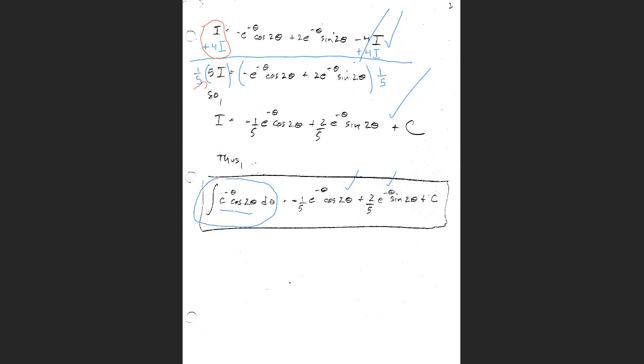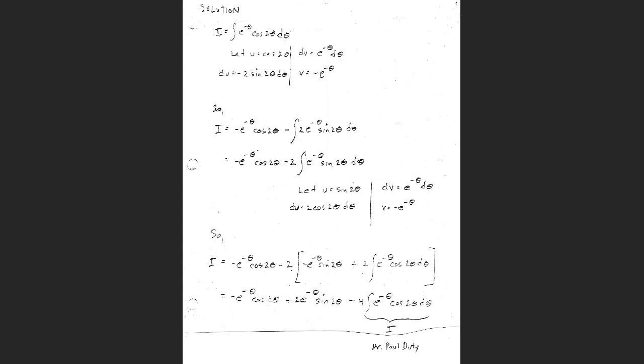In other words, what Nia's saying is, back when we assigned u and dv, if we were to let u equal e to the negative theta and dv equal cosine 2 theta d theta, if we changed our assignments there, you would still have to integrate twice to work the problem.